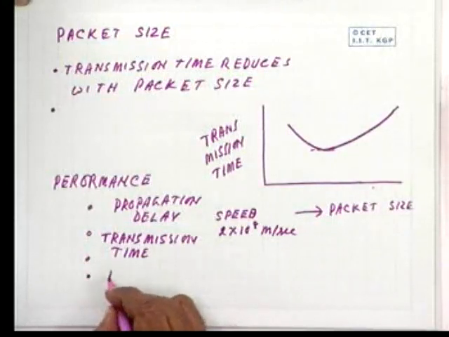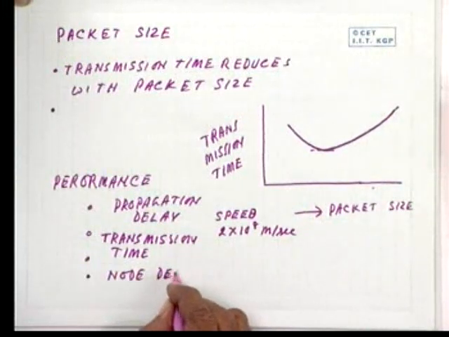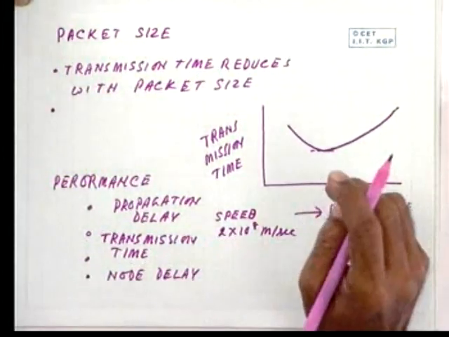Then there is another important parameter, the node delay. Each node will require some time to process the data, to perform different functions based on the metadata that has been received, like routing, error detection, and so on.